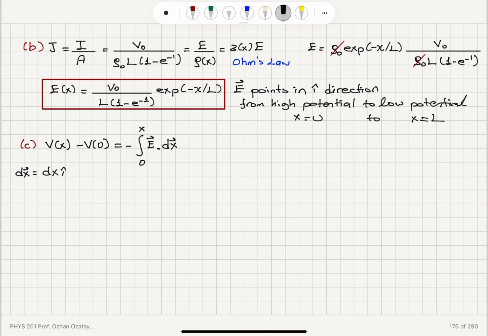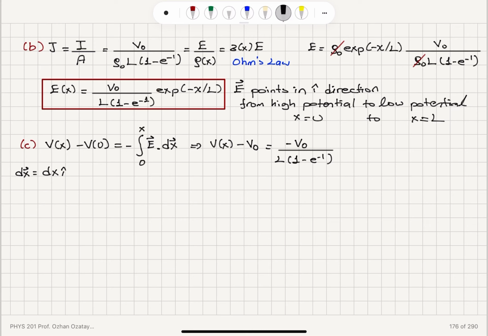So the dot product will be simply E dx. So this will give me potential at point x minus potential at 0, which is what we called V0, is minus the integral, so minus V0 over L times 1 minus exponential minus 1. So I'm substituting for the electric field.